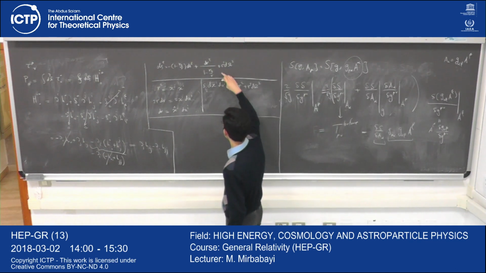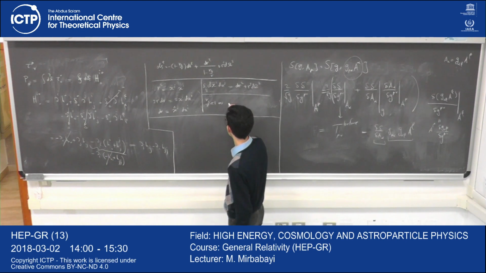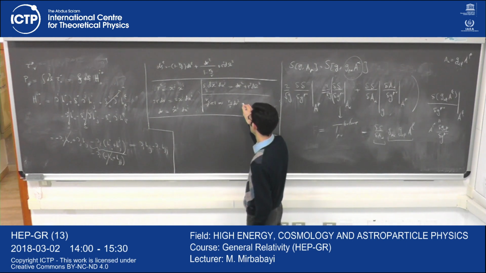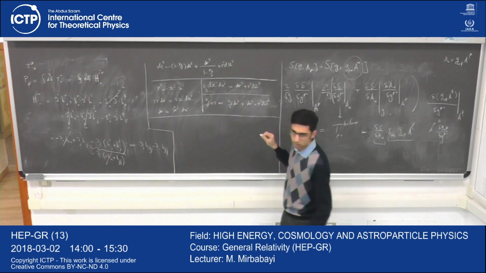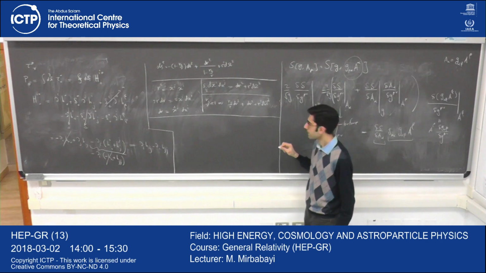Right? So now if I'm going to large distances, where Rg over R is much less than 1, then this metric is going to look like Rg over R dr squared plus dr squared plus R squared d omega squared. The spatial parts look like this.